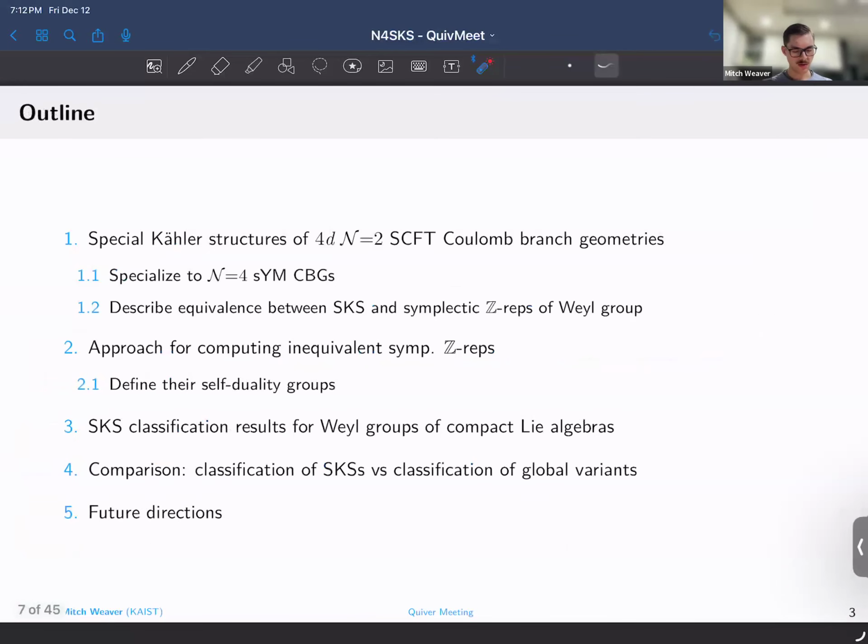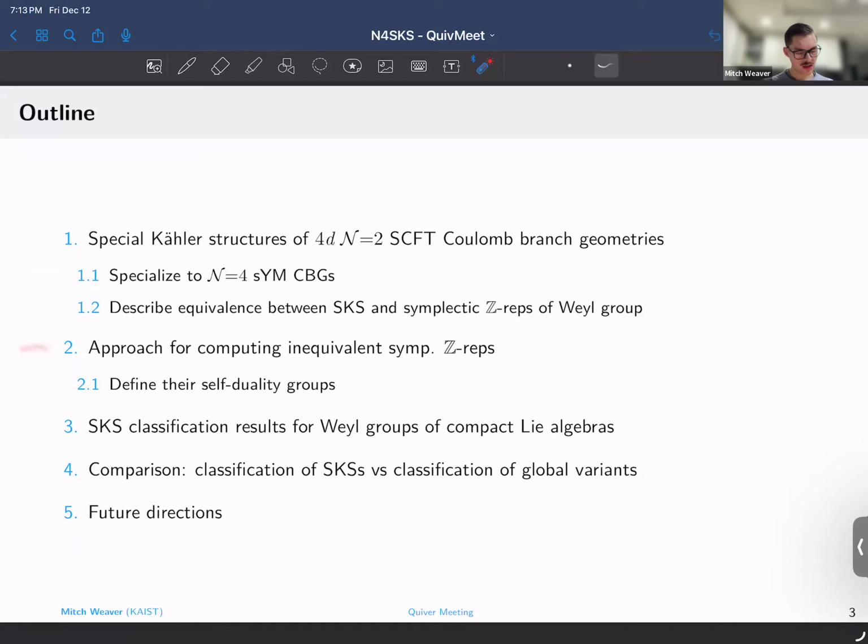So with that, a brief outline here. The next thing we're going to go over is defining the special Kahler structures for 4d N=2 SCFTs. We'll specialize to N=4, and then I will tell you an important mathematical fact that's proven in an appendix of the paper, which essentially proves an equivalence between the special Kahler structures of N=4 theories and symplectic integral representations of the Weyl group of the gauge algebra.